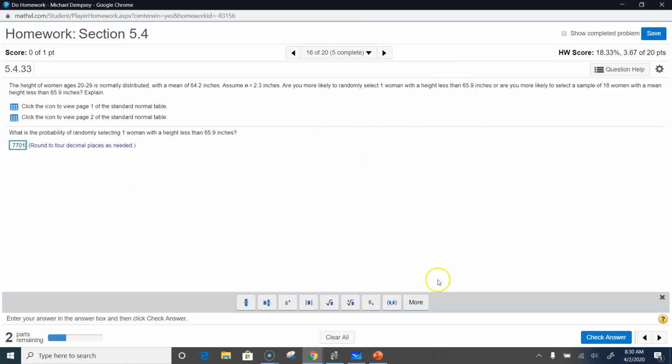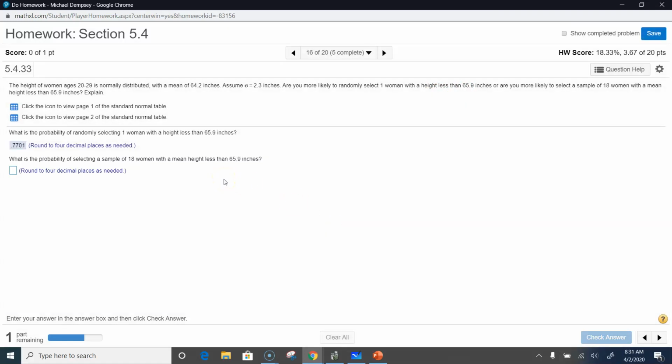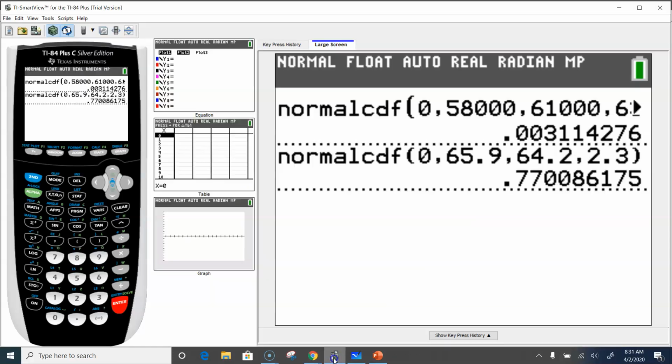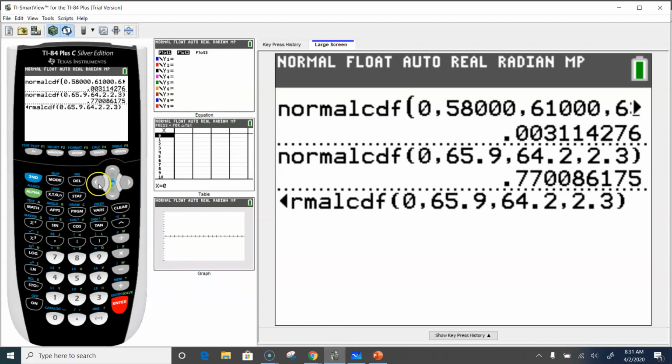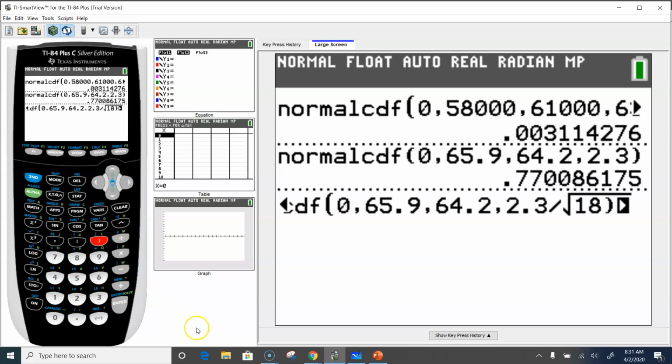All right, now we're going to take 18 women's heights at a time and average them. So the only difference here, I'm going to change one thing. When I hit second enter, I do everything the same except my standard deviation is no longer 2.3. It's now 2.3 divided by the square root of 18. Okay? The standard deviation is going to be smaller.